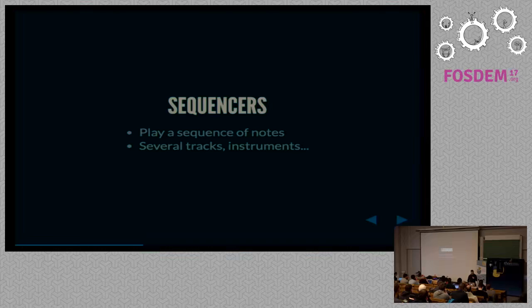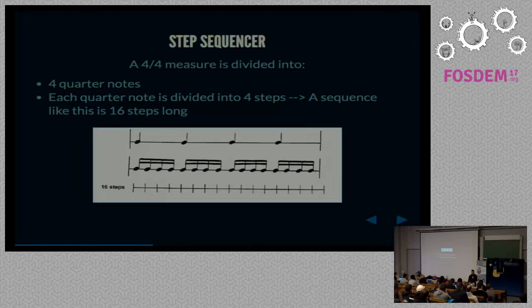So it brings me to the definition of a sequencer. A sequencer is meant to play a sequence of notes, and you can have several tracks at the same time. So that's how you build a song, actually. A step sequencer is a special kind of sequencer which uses subdivisions of time.